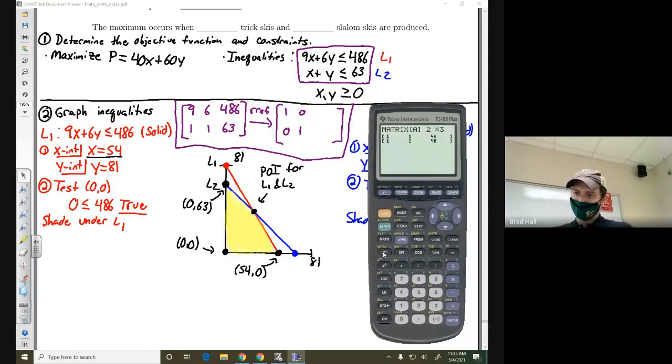Matrix, edit, 9, 6, 486, 1, 1, 63. We apply the RREF command as we did before. Matrix A. We get 36 and 27, which tells us the ordered pair for the missing corner point.